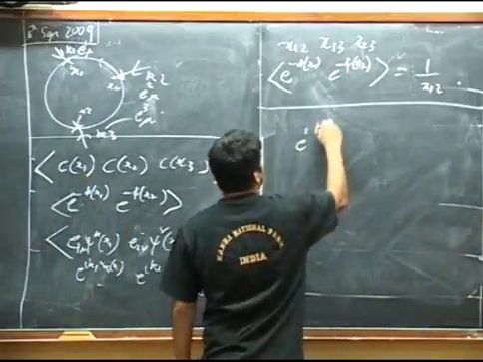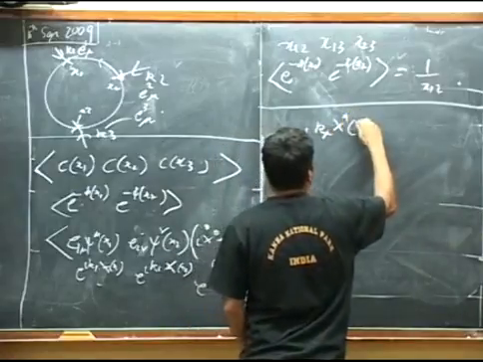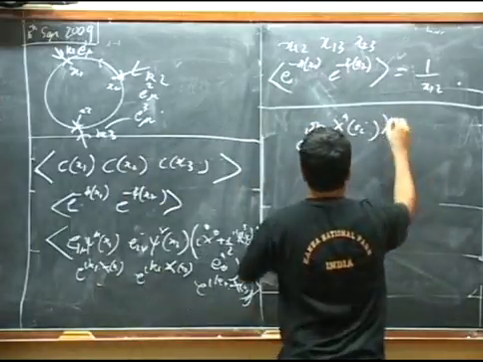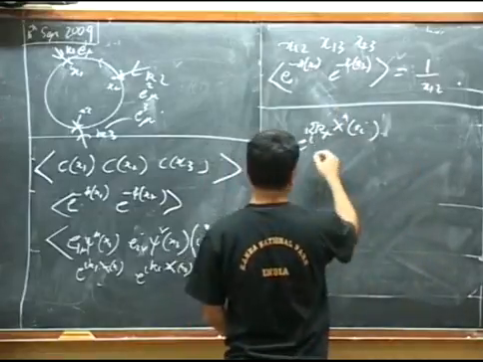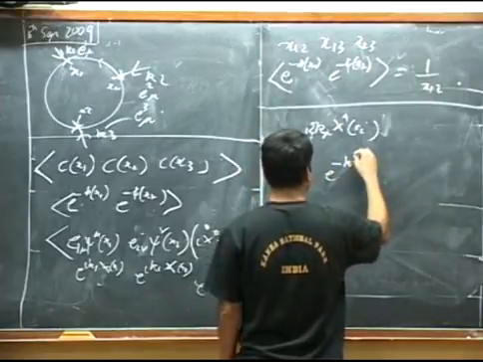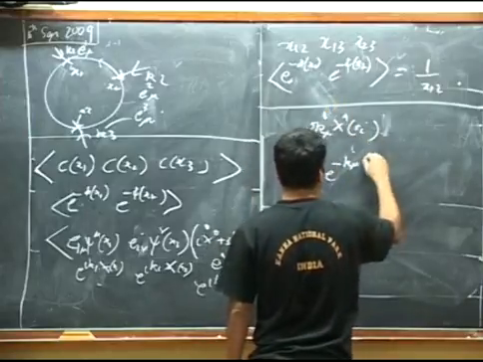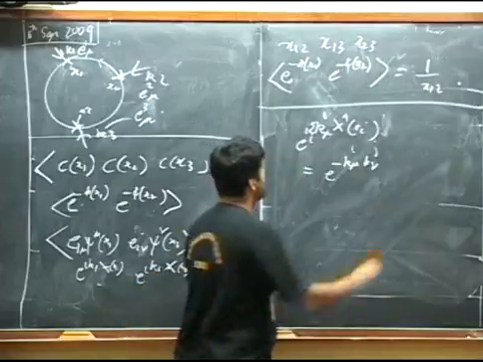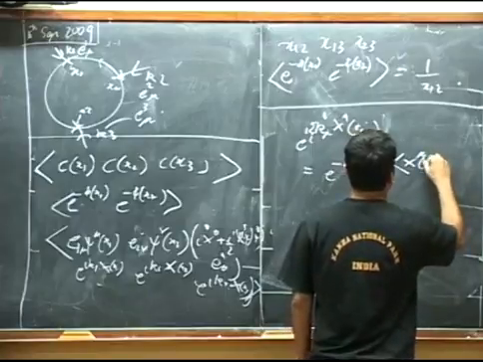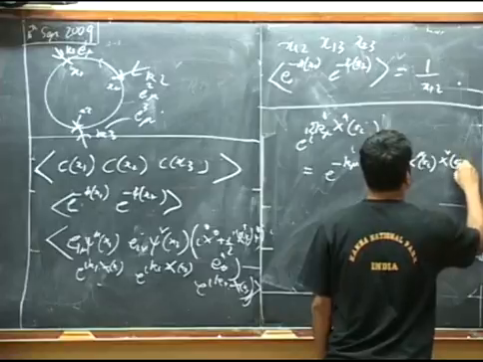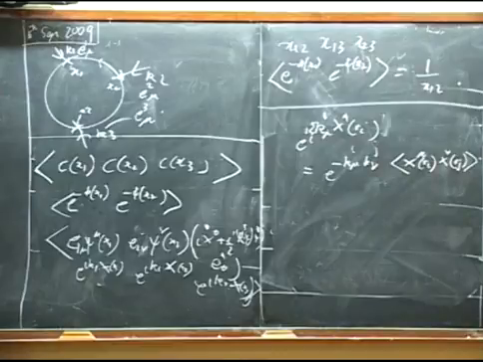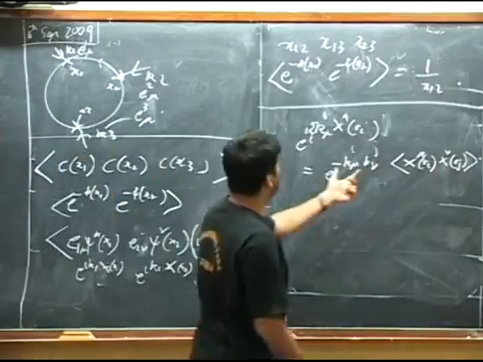The sum of e to the power i k mu x mu at sigma i, summed over i, was a simple generalization of this formula, which is equal to e to the power minus k mu i k mu j times the expectation value of x mu sigma i x mu sigma j, where i and j are summed over distinct pairs.